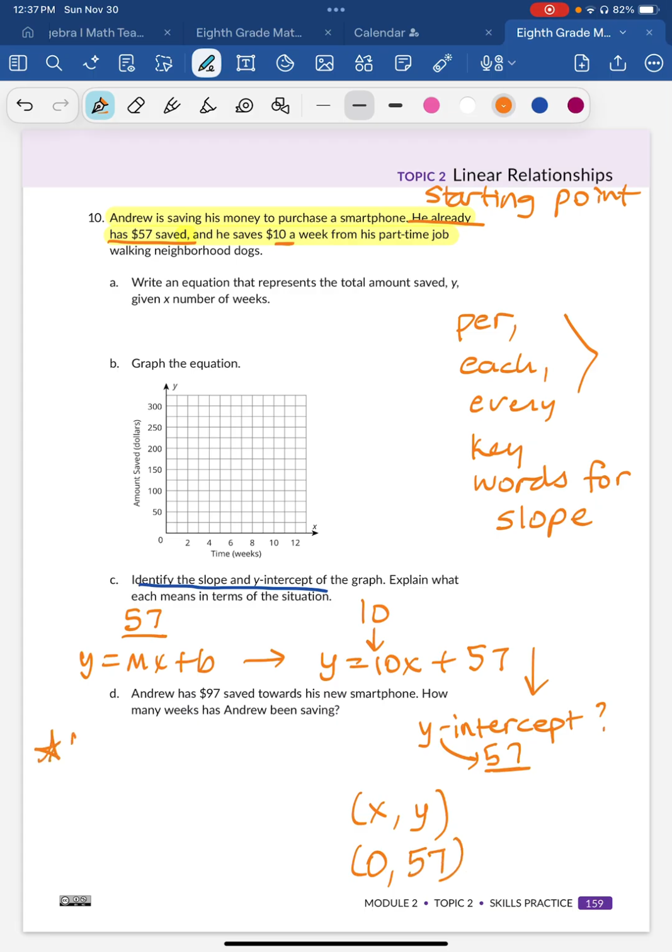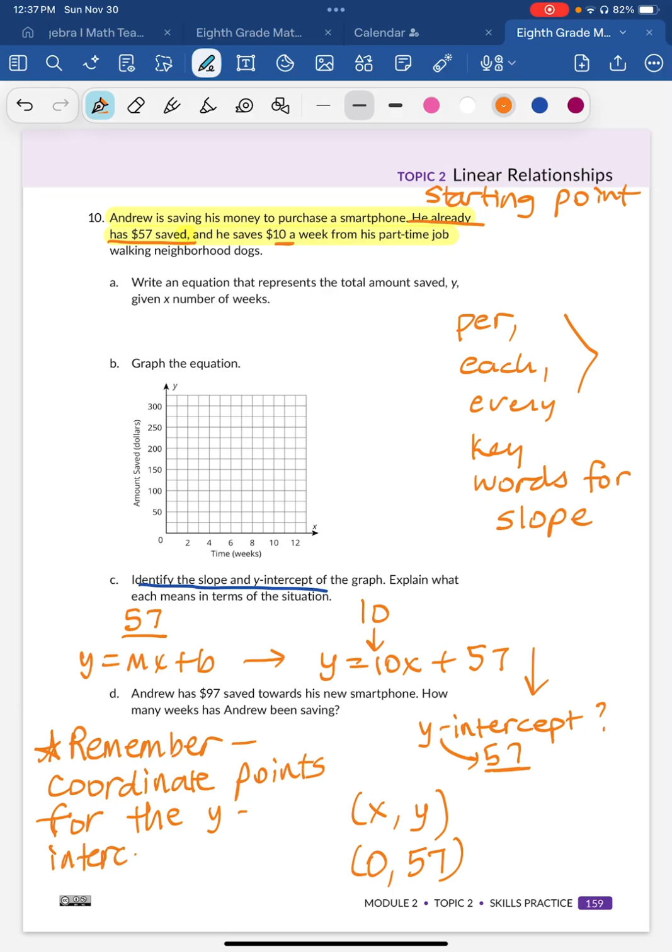So just remember the coordinate points for the y-intercept are going to be 0 on the x always. And then whatever the y-intercept is, where the line crosses the y would be the y coordinate.